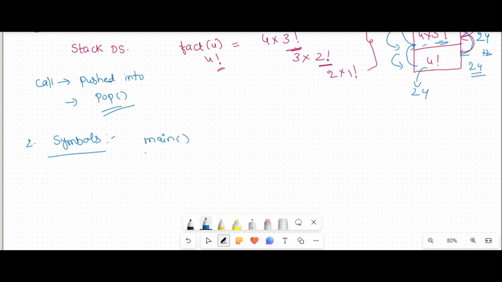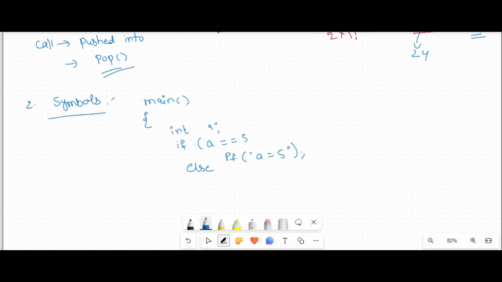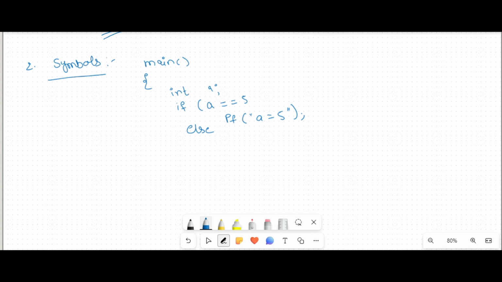In the main function, open curly brace, some integer a, if a equal to 5, printf a equal to 5, else printf a is not equal to 5. For example, if this is the code.